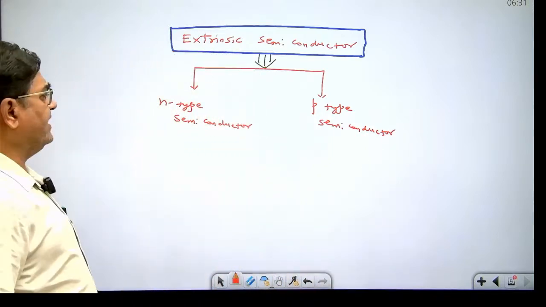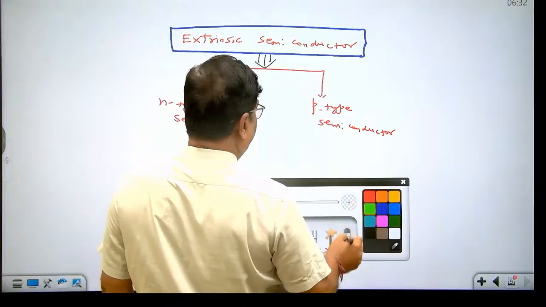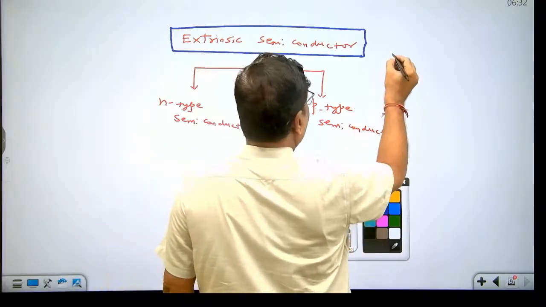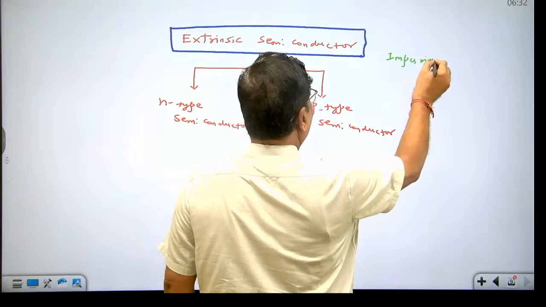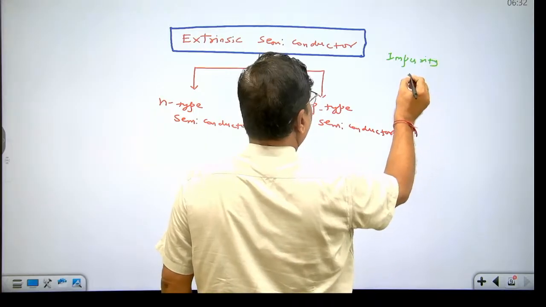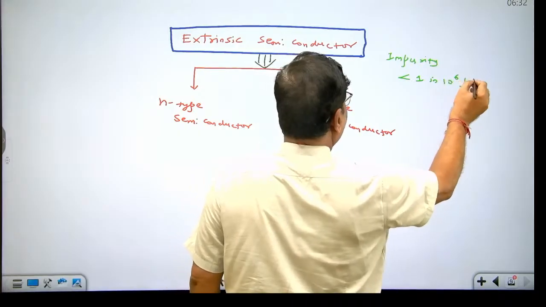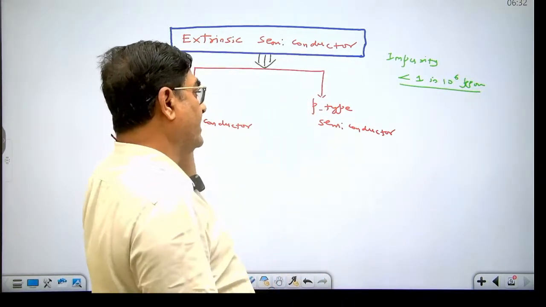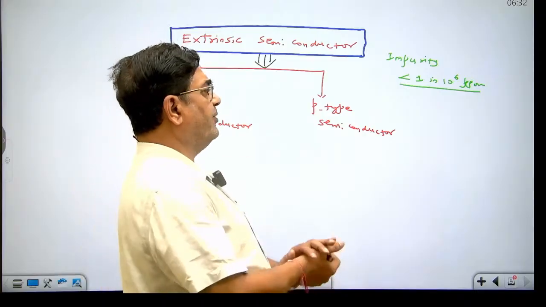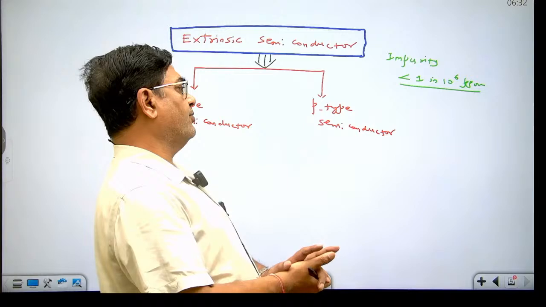Dear student, what is N-type semiconductor? When impurities are doped in controlled manner. What is controlled manner? Impurity less than 1 in 10 power 6 ppm. This is medium impurity. Lesser impurity is 1 in 10 power 10 and high impurity is 1 in 10 power 2 to 10 power 4.